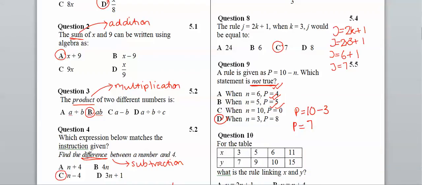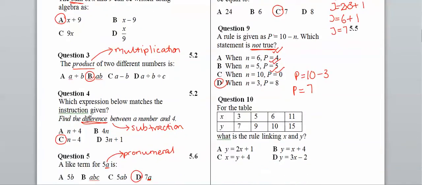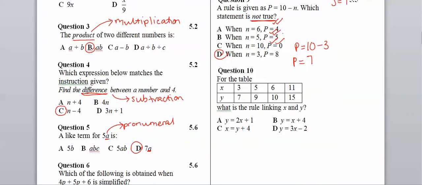Okay, question 10. For the table, what is the rule linking x and y? So we have to look at the pattern here. So to get from y equals 7 to y equals 9, we add 2. To get from 9 to 10, we only add 1.